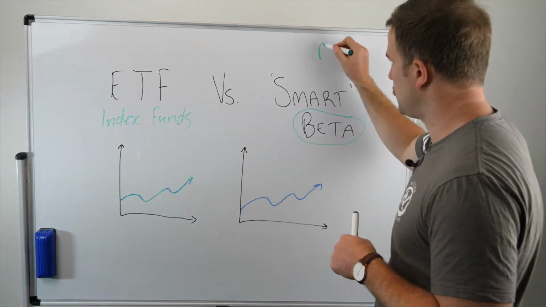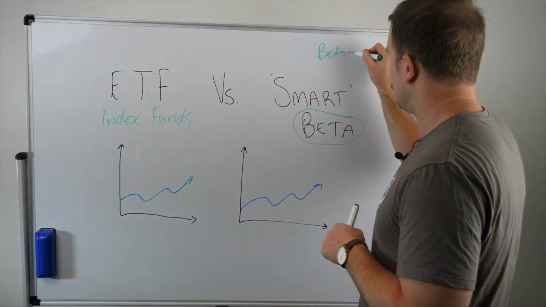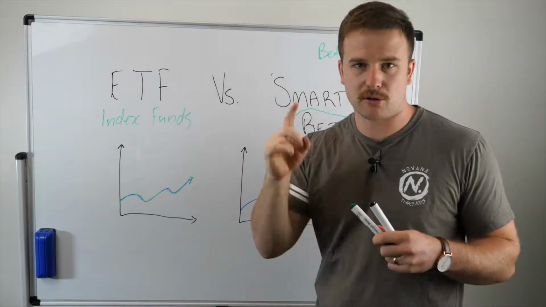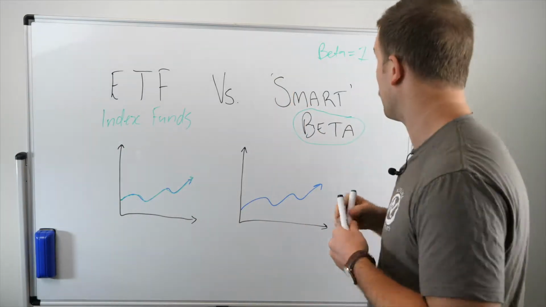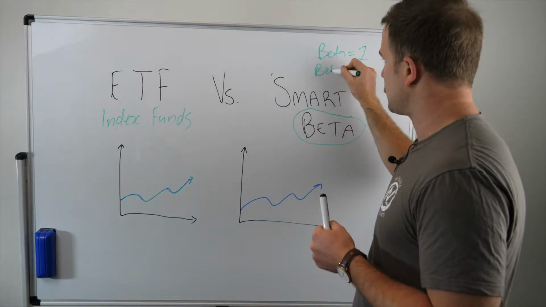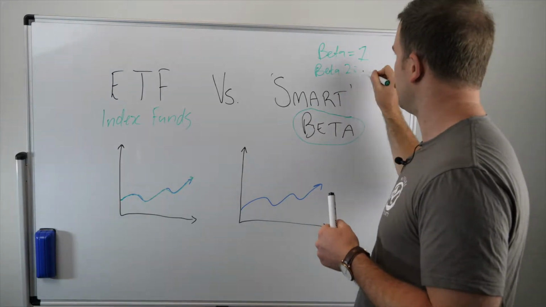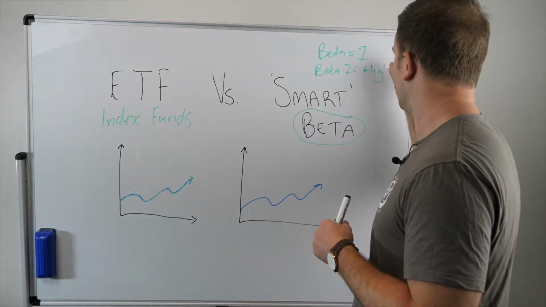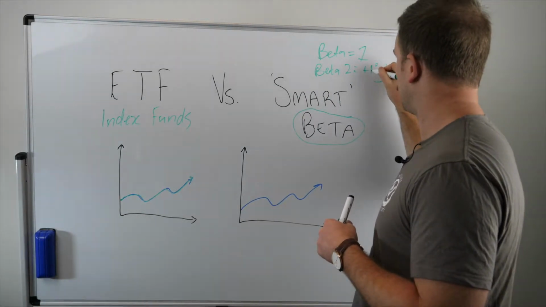So we say a beta of 1 is the market beta. So the market as a whole has a risk weighting of 1. If something has a beta of 2, we can say that it's got a higher risk rating. So this is great writing right here.